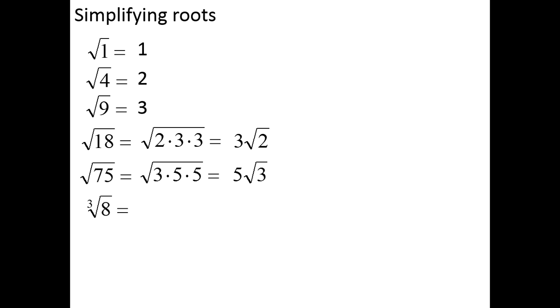Now when we have cube roots, what we're looking for is a perfect cube underneath that radical sign. 8 is a perfect cube because it's 2 times 2 times 2.